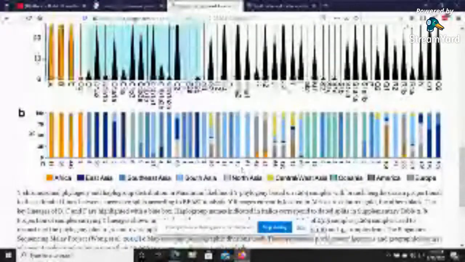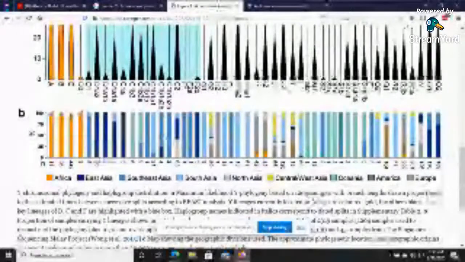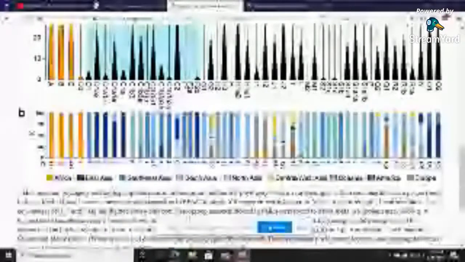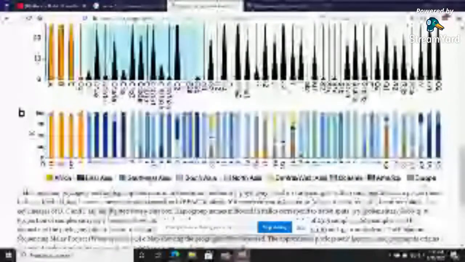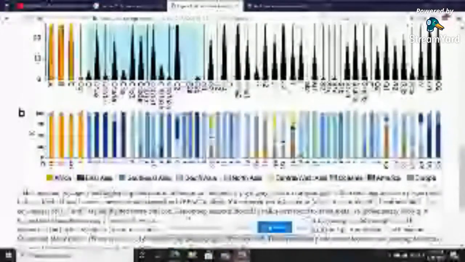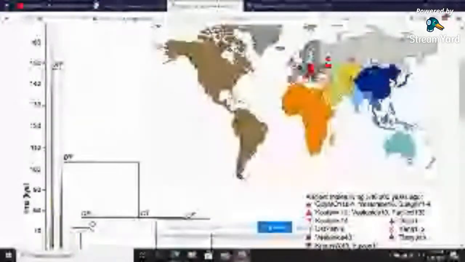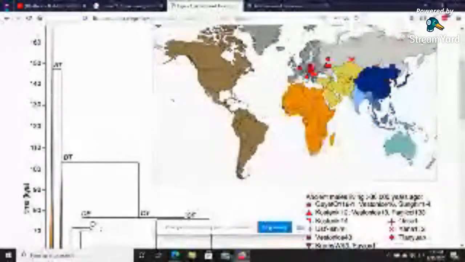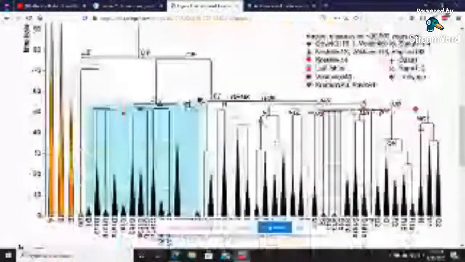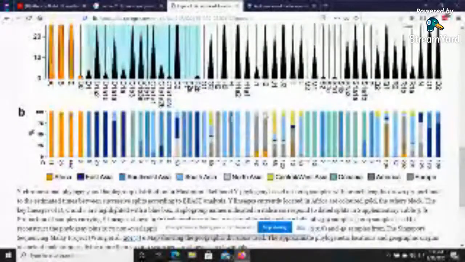They all have the CY chromosome. CY chromosome is also in East Asia, which is up here, and in up north. So you're going to see a big gray.